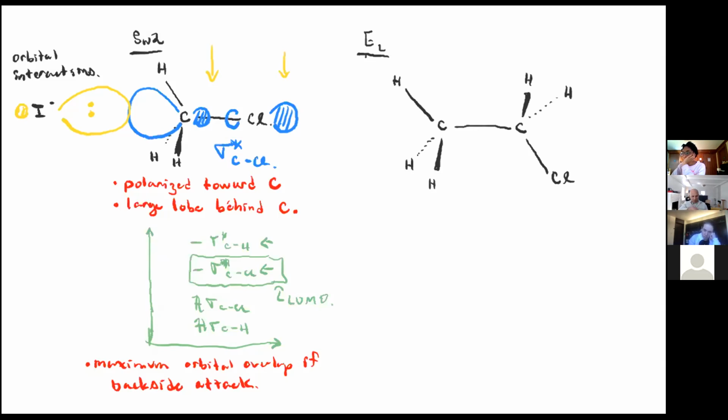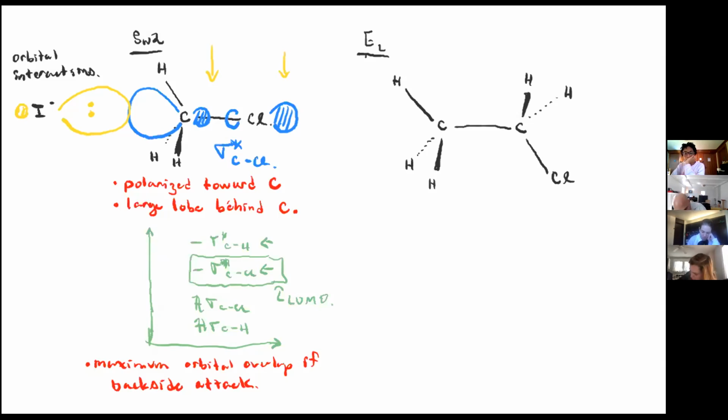This one's a little more complicated because I've got a little bit more to think about. I need to think about sigma star of the carbon-chlorine bond. Forget that we're doing an E2 elimination. We already constructed the sigma star. It's on the left of the slide, and so that's going to be identical.